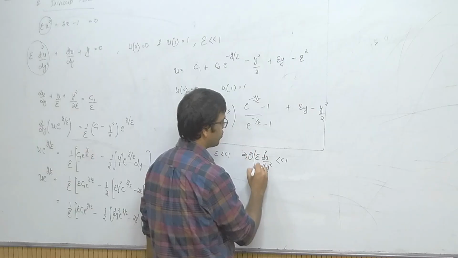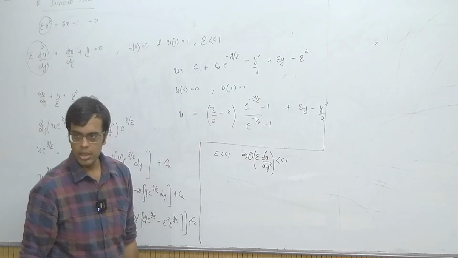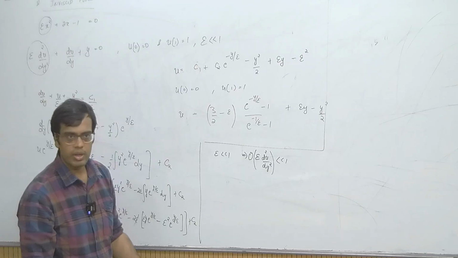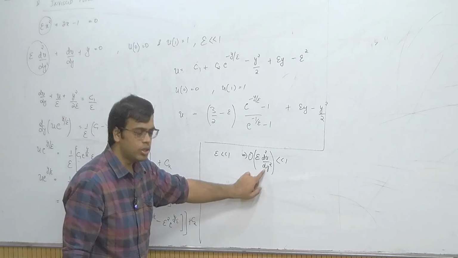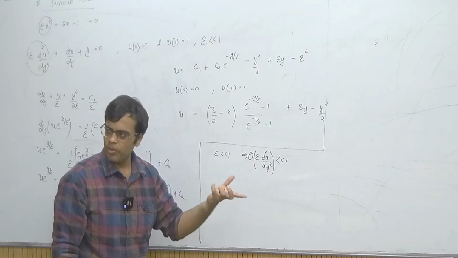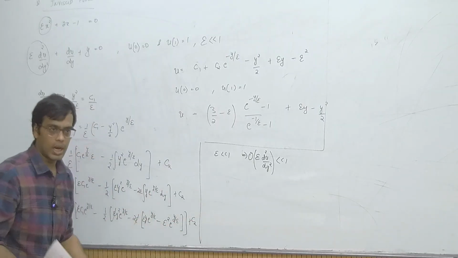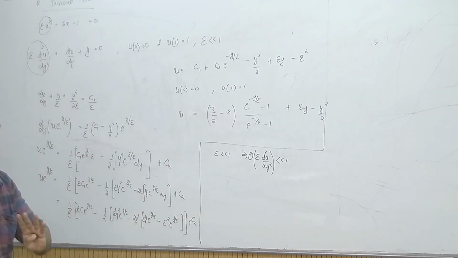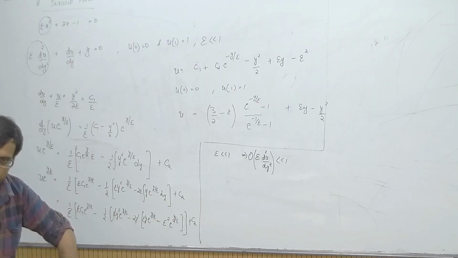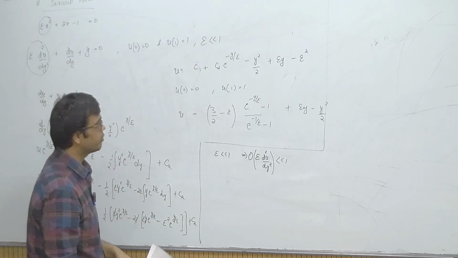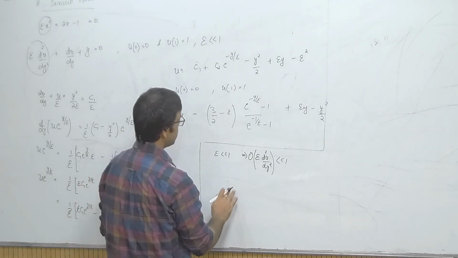The order of magnitude of this term is much less than 1. So, in a way we are claiming that the d2u by dy square term is of order 1. We are claiming that d2u by dy square is not going to be very large. We are assuming that, proceeding with this claim, and seeing what we will get.